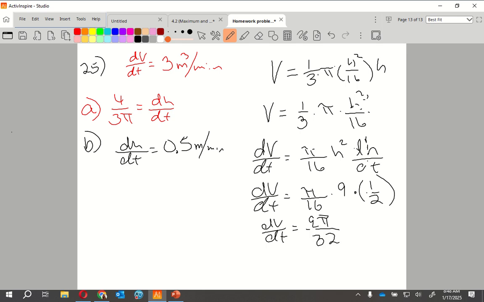Do the math on that one, what do you get? Just 9 pi over 16. Well, yeah. Why do I have it 1/2 then? Because right here for part A, we never added the 1/2. You kept it as 3 equals 9 pi over 16 times dh/dt for that one.